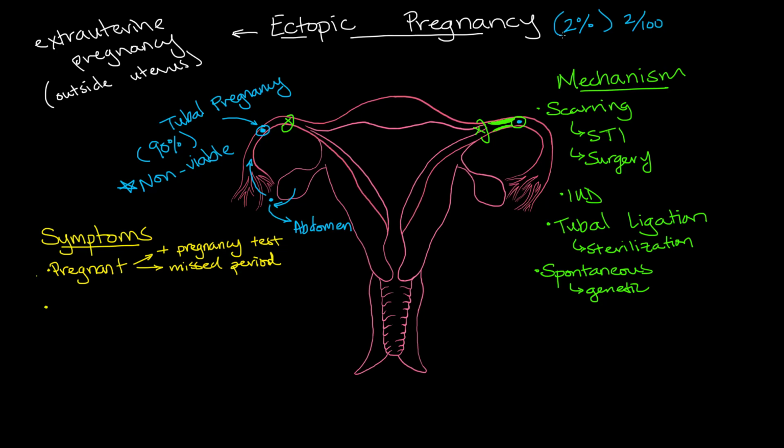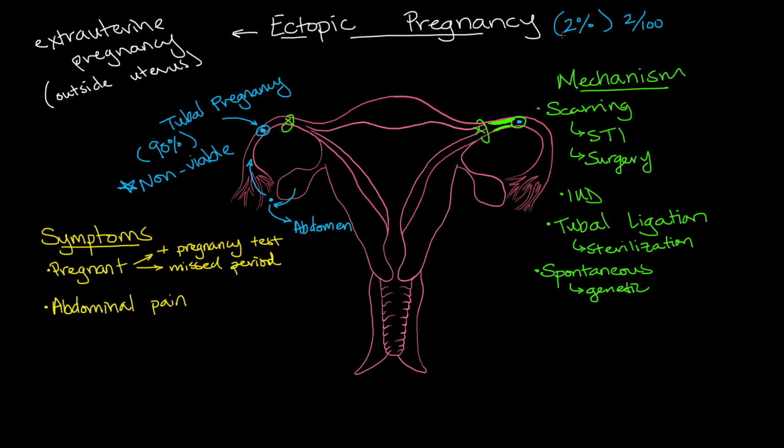The more severe symptoms that aren't associated with pregnancy would be abdominal pain, and there isn't a specific area of the abdomen that would necessarily be in pain because it depends on where the ectopic pregnancy is happening. Usually for tubal pregnancies, it'll be kind of lower quadrant, right where the tube would be. But you could also have abdominal pregnancies that cause abdominal pain quite a bit higher or lower.